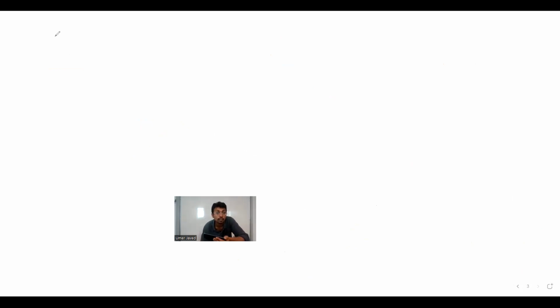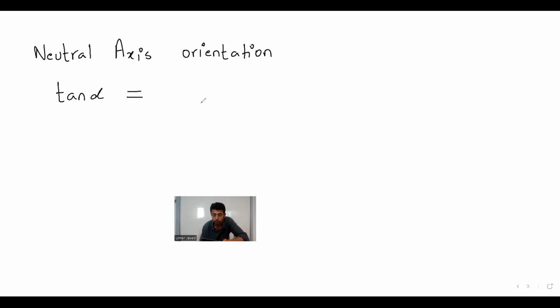So I will write the words neutral axis orientation. It is tan of alpha equal to Iz over Iy, My over Mz, and this is what is known as tan of theta.